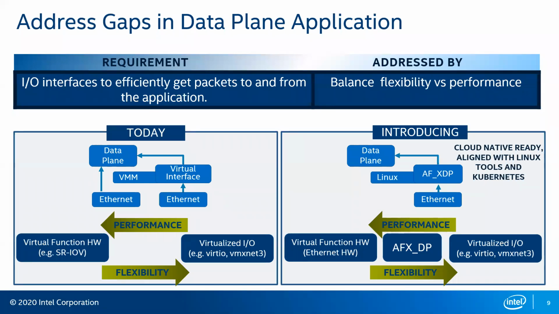It is supported by the kernel today, and as we speak, improvements are being made in order to get the best performance possible, while still having the flexibility that we are looking for. So this is one example on the data plane, one type of development to drive innovation and to bring the balance needed.